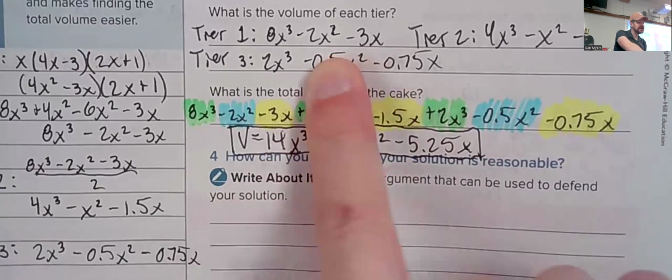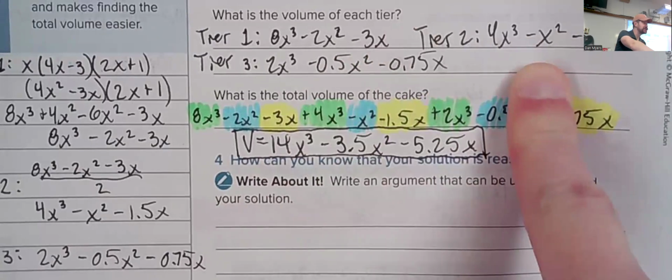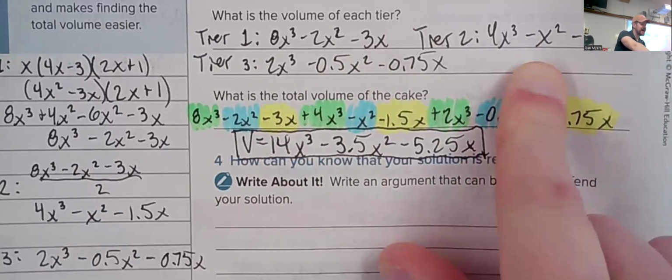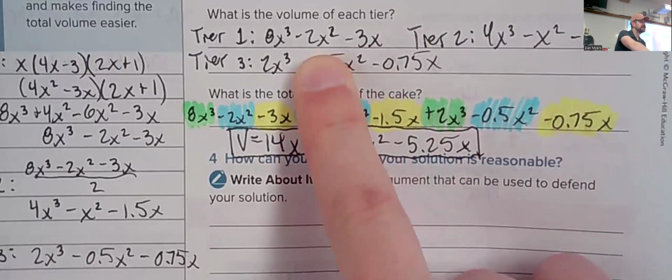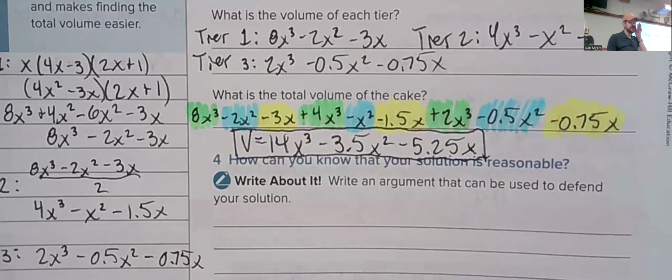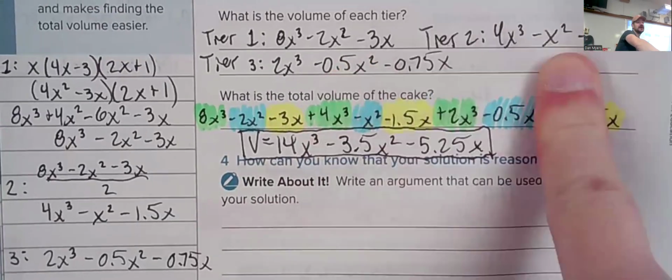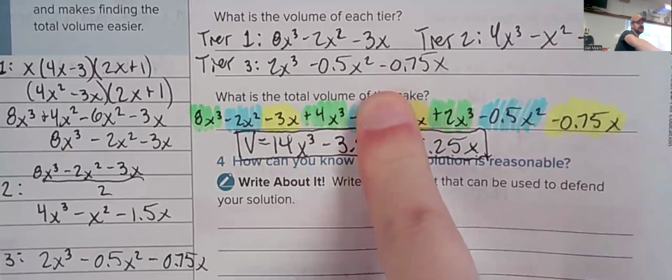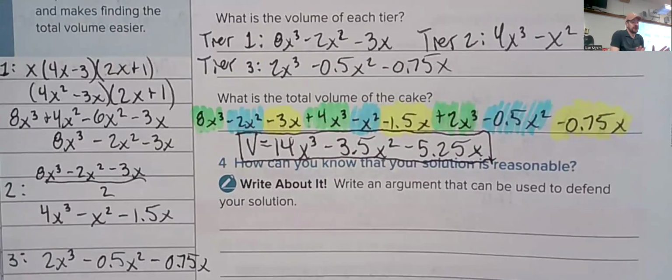If you plug that same number into tier 2, you would get an actual number for that volume, which should be exactly half of that. So if you plug in a number for x and let's say you get 100 for tier 1, tier 2 should be 50, and tier 3 should be 25. So that's how you could double check it just to make sure. We're not going to, but you could.